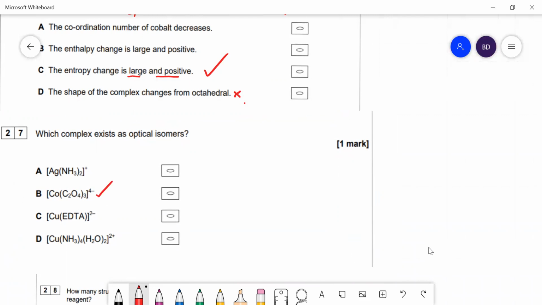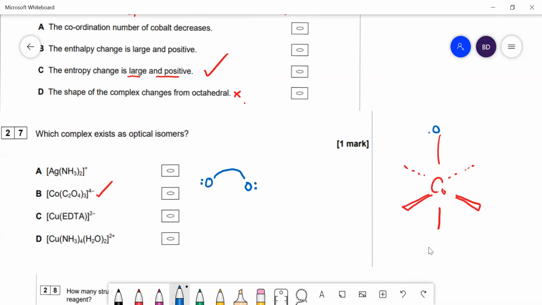So that is the correct answer, because if you have cobalt, I'll just draw the bidentate ligand like that.